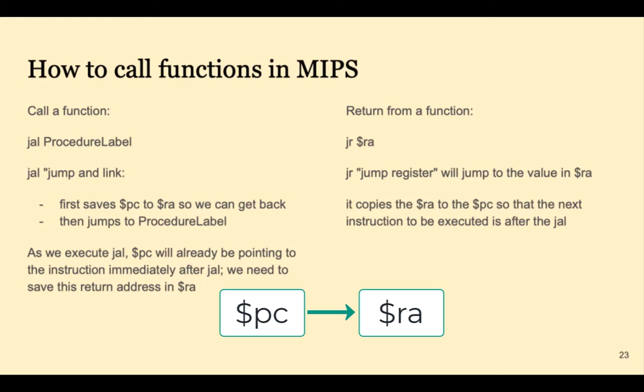Keep in mind that as we're executing the jump and link, the PC is already pointing to the next instruction after the jump and link, and that's where we want to return to. The very last statement in a function will be JR RA for jump register. This will copy the value that was stored in the return address register RA to the PC so that the next instruction to be executed is the one immediately after the jump and link.